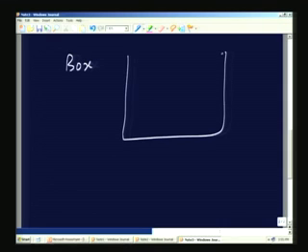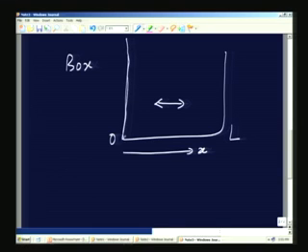For a particle moving inside a box in one dimension, if we call this the coordinate, and we imagine that the box is of length L such that the walls of the box are infinitely steep, meaning that the particle can never escape the box, it can only move inside the box, and inside the box the particle is free, there is no potential energy.